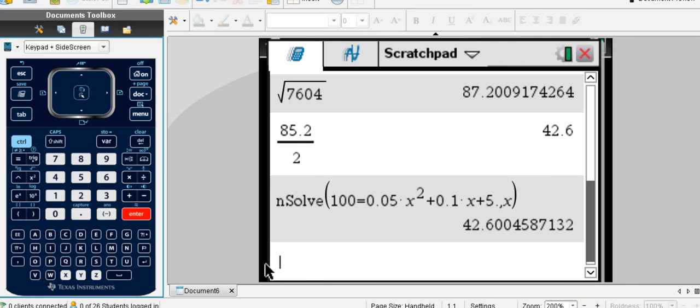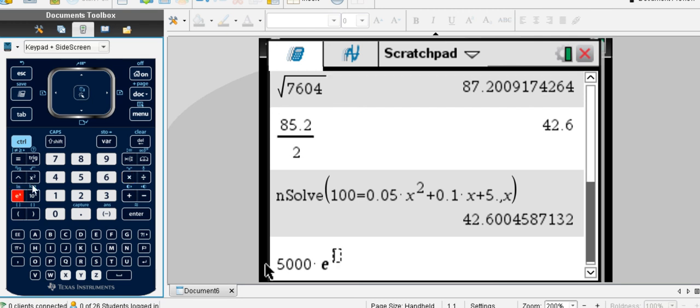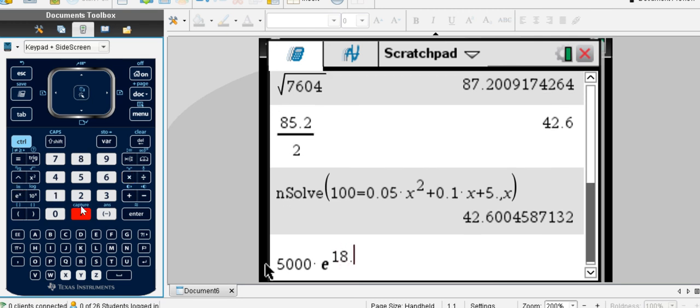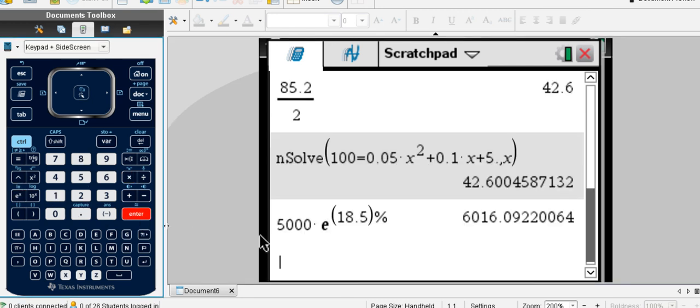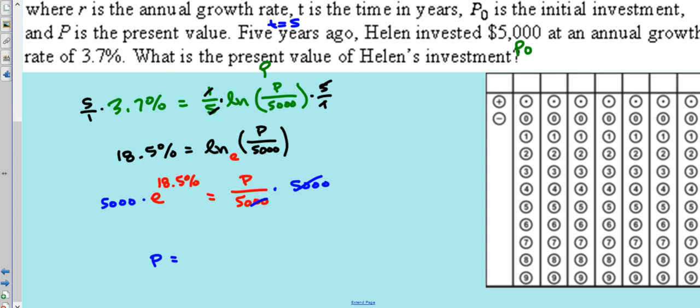Let's go over to our calculator, and we'll type in 5,000 times e to the 18.5%. Press enter, and this tells me my present value is $6,016.09 when I round. P equals $6,016.09.